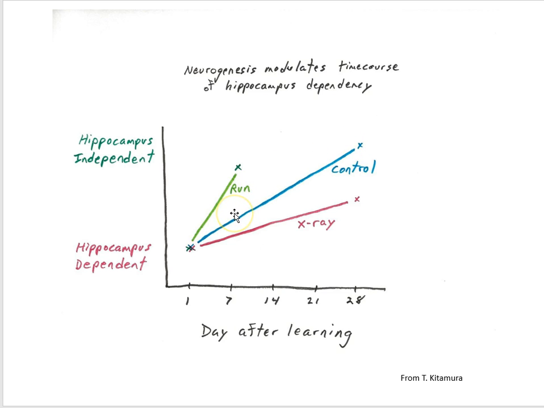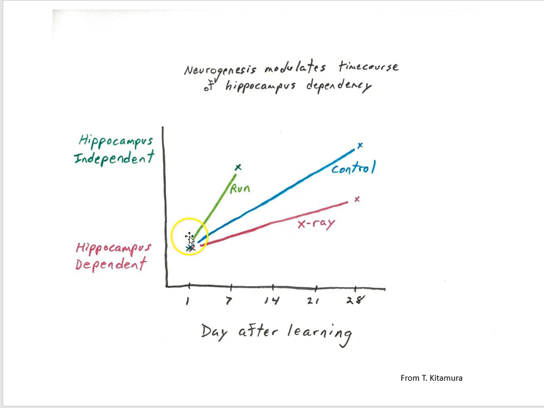But procedures that influence neurogenesis alter the time course of this shift in dependency. X-rays destroy new neurons, and so X-rays will reduce neurogenesis, and it has an effect. The slope of the line is lower here. It's as if the hippocampal memory trace lingers. The memory trace is still hippocampal dependent for a longer period of time. It's as if consolidation doesn't fully occur. Remember, the new neurons have been killed by the X-rays.